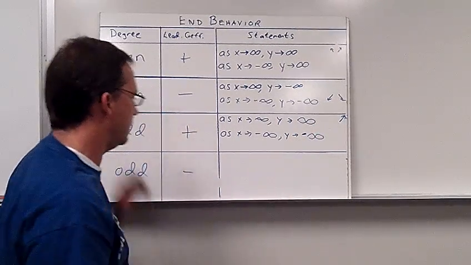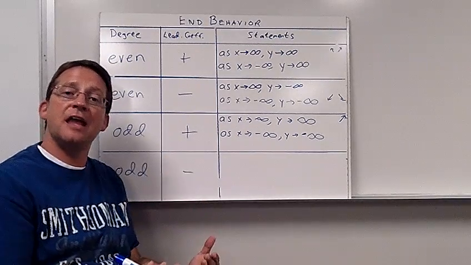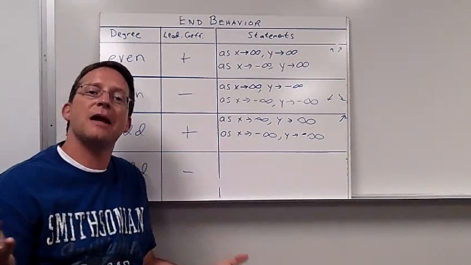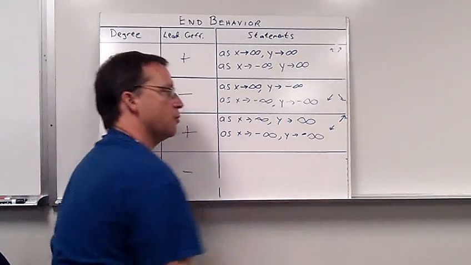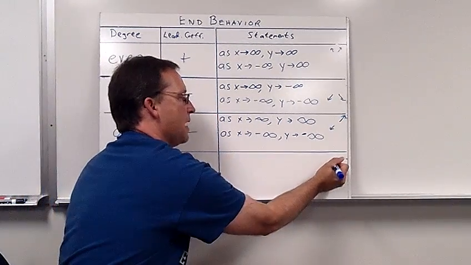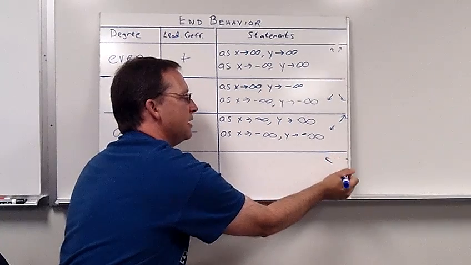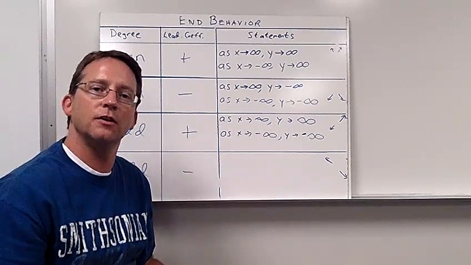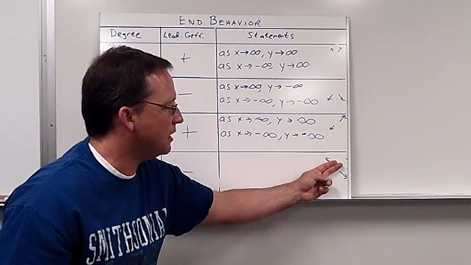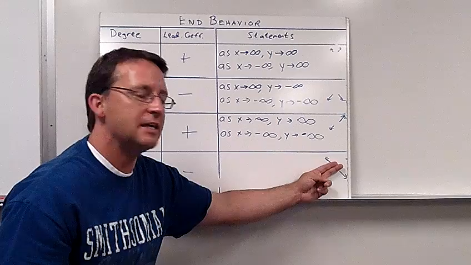Right? If you've got an odd degree with a negative leading coefficient, just think about a negative slope line. Right? So the arrows were pointing this way for the positive leading coefficient. The negative leading coefficient, the ends are going to look like a downhill line, a line with a negative slope. Again, not necessarily the middle part, but the ends.